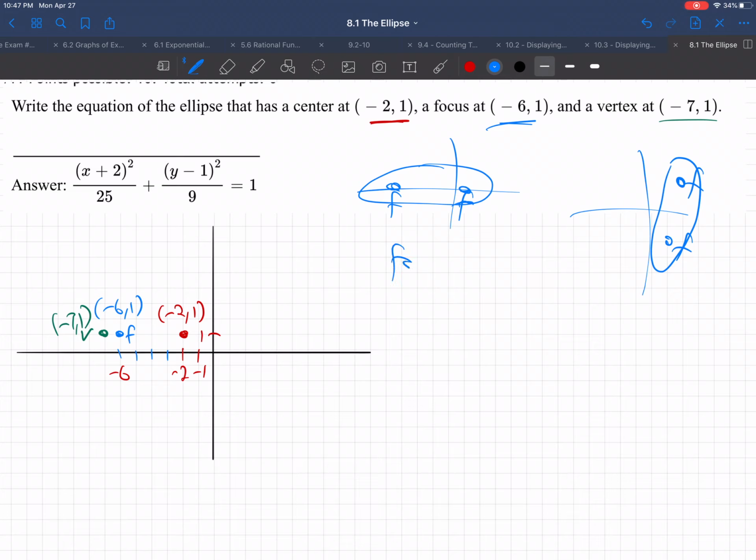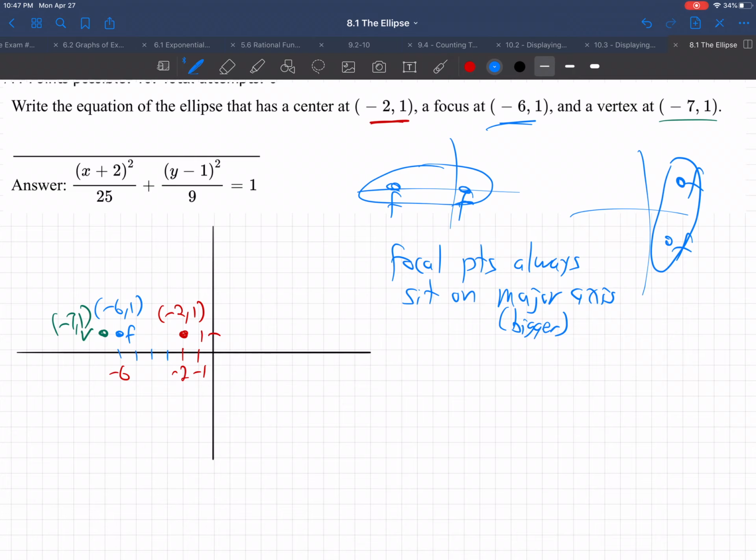The focal points always sit on the major axis, the biggest axis. So if the graph is wider, the focus points go sideways. If it's taller, it goes up and down.